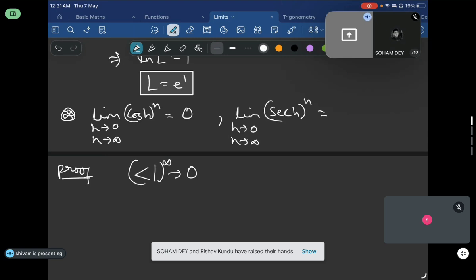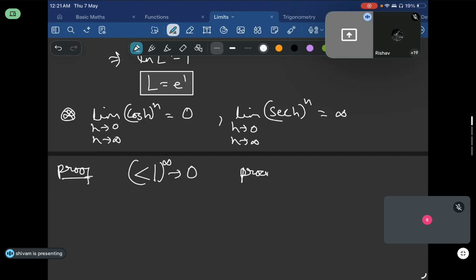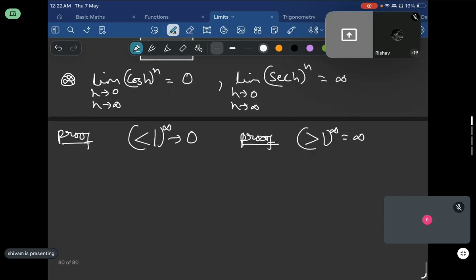Okay, Rishabh, tell me. So will it be infinity? Infinity. Right, everyone, because sec h is something greater than 1, whole to the power infinity, this will be infinity. Next, everyone.